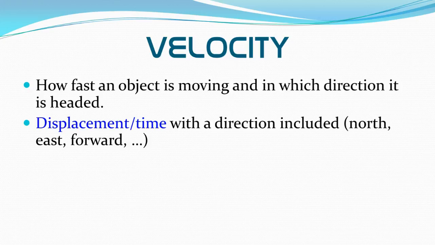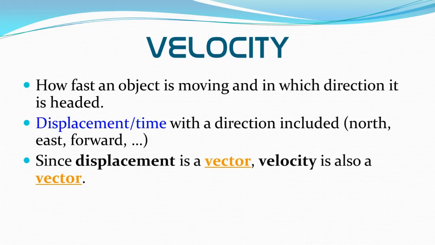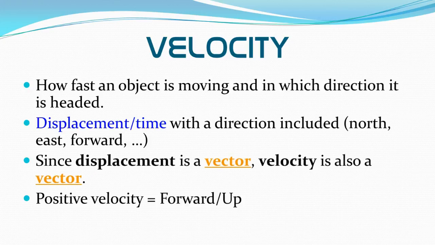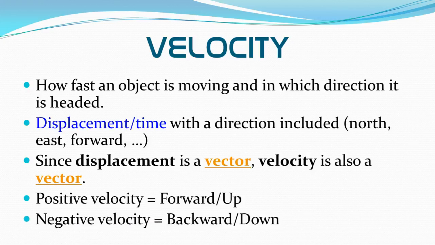Because it's a vector, it has both. Displacement's a vector, velocity's a vector. So positive velocity is forward or up. The positive or negative quality of the magnitude tells us which direction it's moving. So a negative velocity is backwards or down.